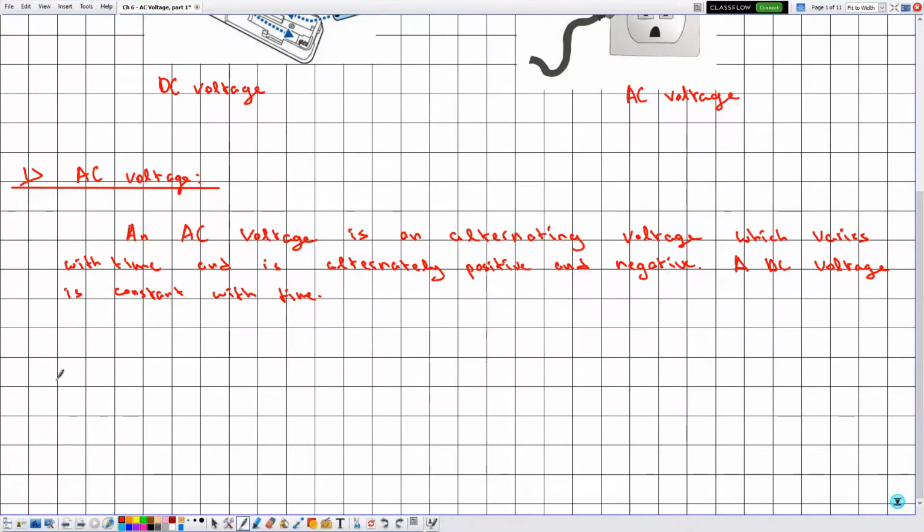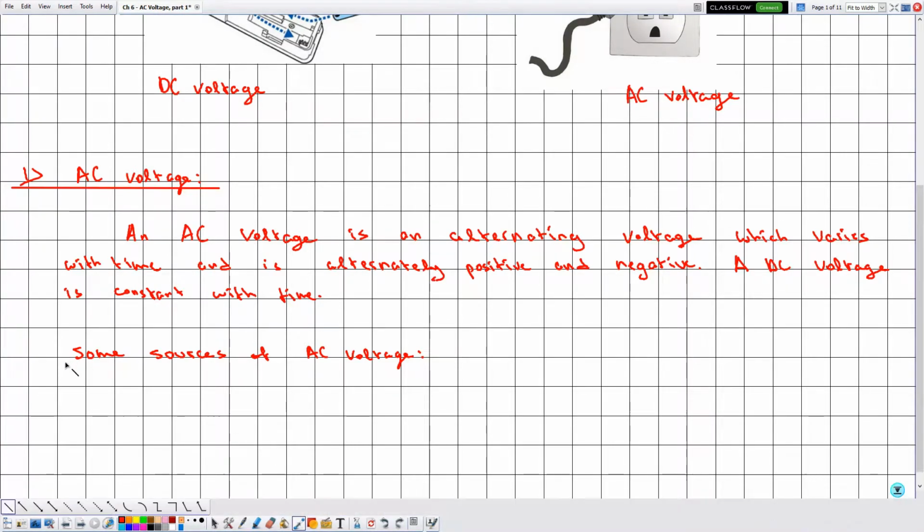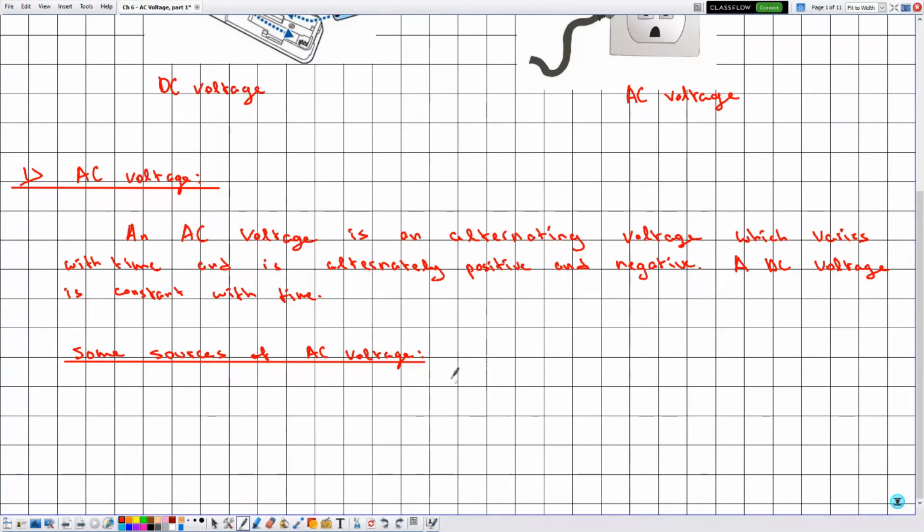Now let me give some examples, some sources of AC voltage. Let me write down some. Sources of AC voltage. For example, the power stations. We have EDL, Electricity of Lebanon.